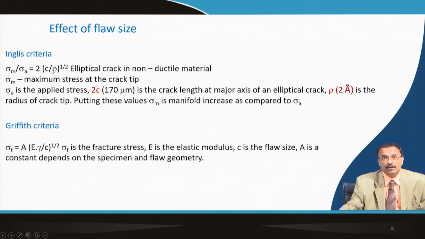So, if it is a very sharp crack, then this value will be very large, because rho will be very small. So, basically the maximum stress at the crack tip will be multiplied many times, even if the applied stress is relatively small. You can calculate it, where sigma A is the applied stress.